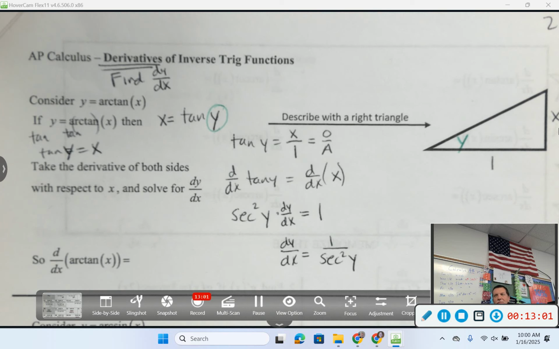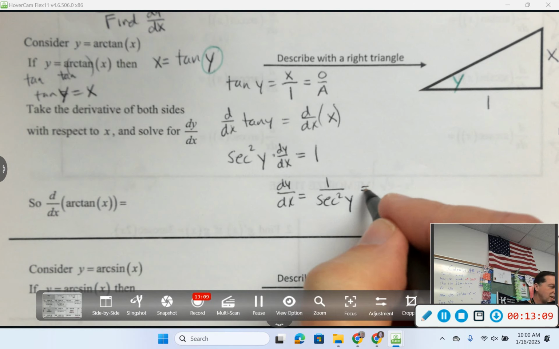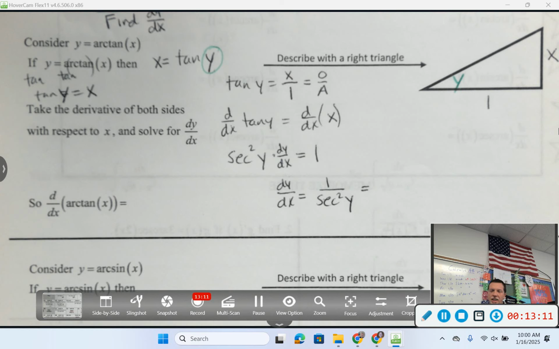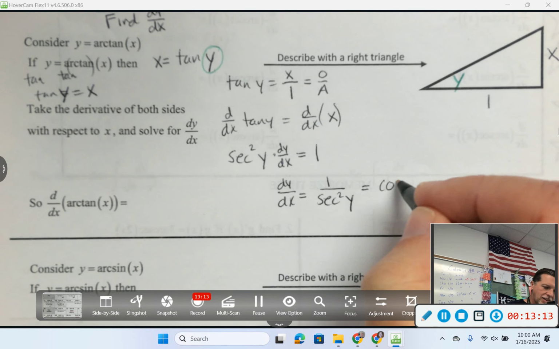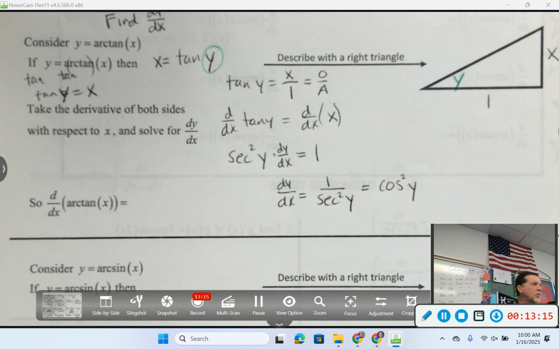Okay, there's a better way to say that though. What's 1 over secant? 1 over secant is cosine. So dy/dx is cosine squared of y.